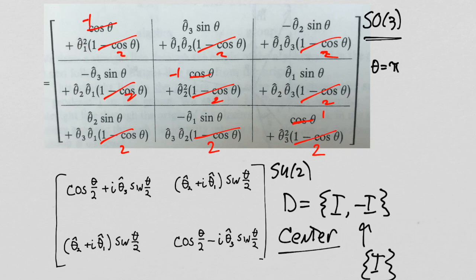So you might say, oh, I'll just choose theta1, theta2, and theta3 to all equal 0. But that contradicts this, right? You can't do that. Once you've chosen theta equal to pi, there's some non-zero theta1, theta2, theta3. So you're not going to get minus the identity element. Clearly the identity can be reached, but minus the identity can't be reached.